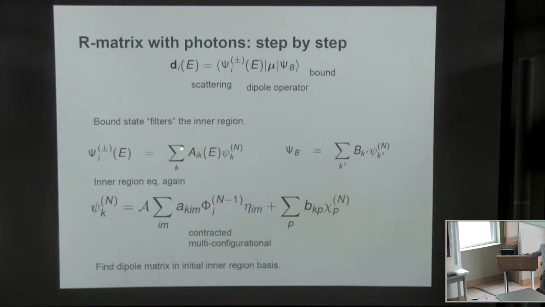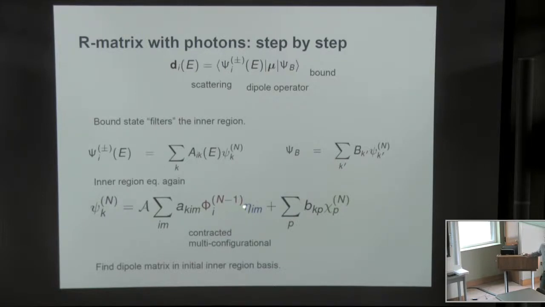So, of course, we expand the scattering wave function in terms of these inner region wave functions psi k, which I'll show again here. And we also want the bound states in the same basis. And actually, of course, we can expand these further.